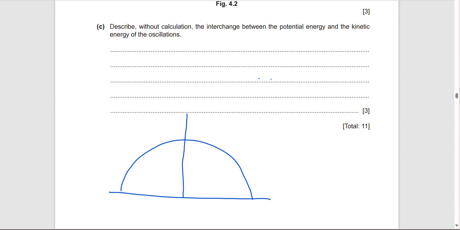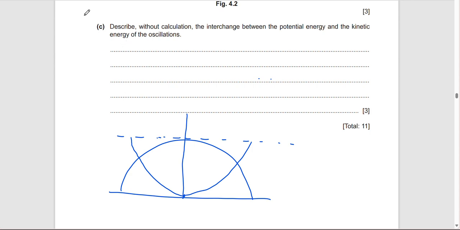And then this is the maximum energy. It's not that accurate. It's supposed to be touching that. Yeah, that's better. It's supposed to be right on the axis right there.